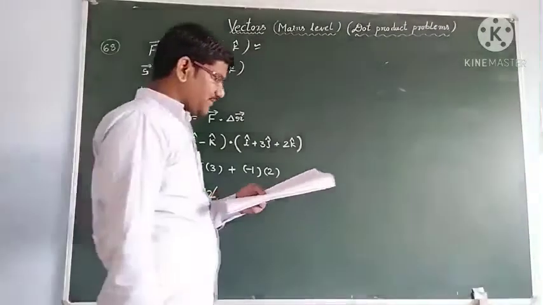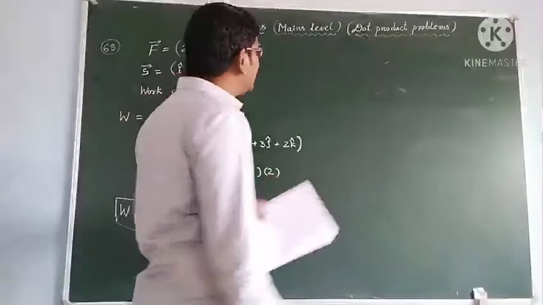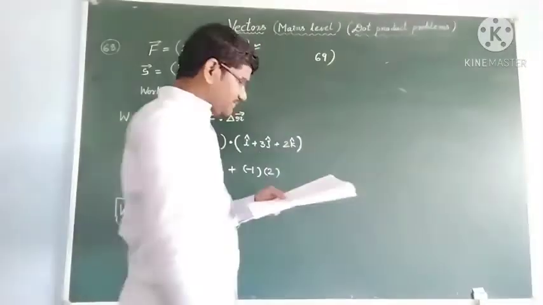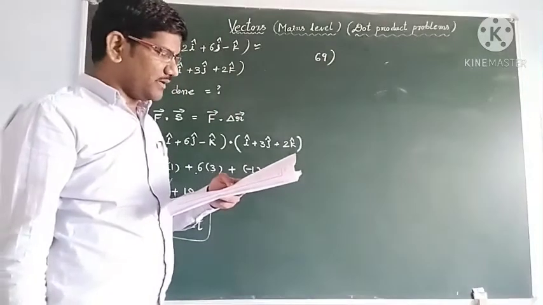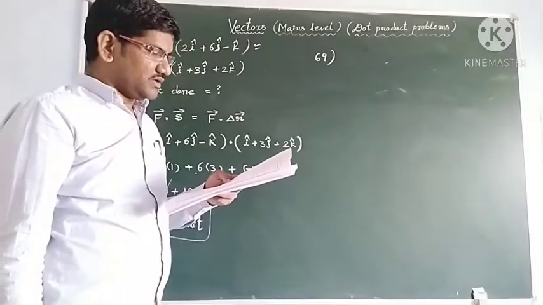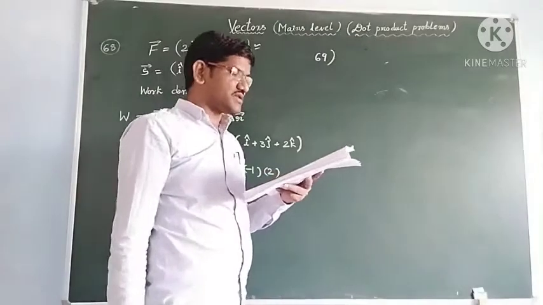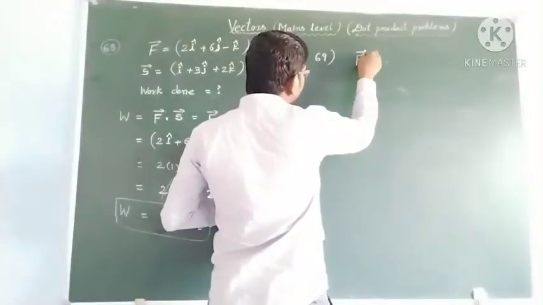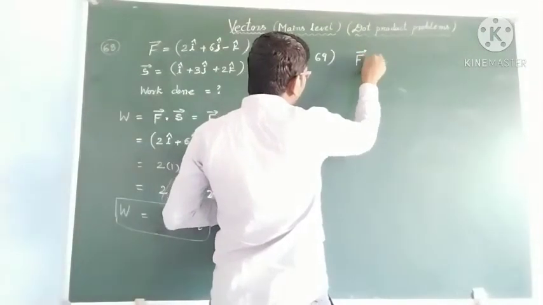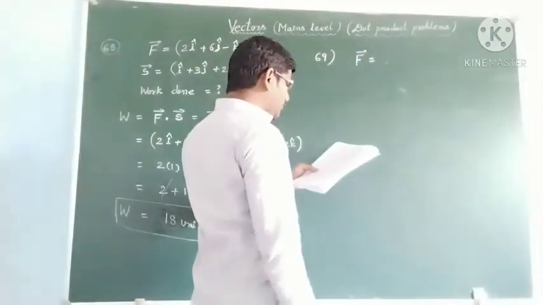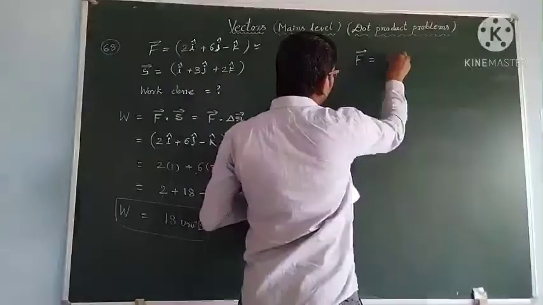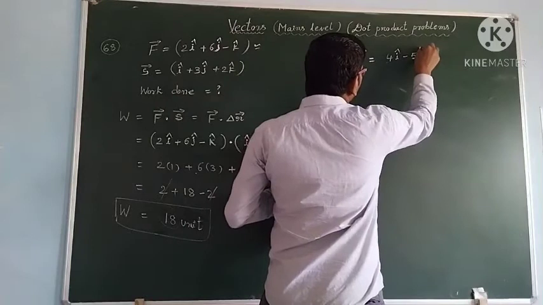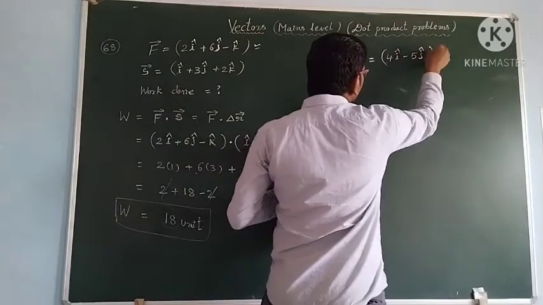Okay, students, now similarly you do the 69th problem as homework. So see, the 69th problem. Because of application of force, the force value is given: 4i cap minus 5j cap newtons.